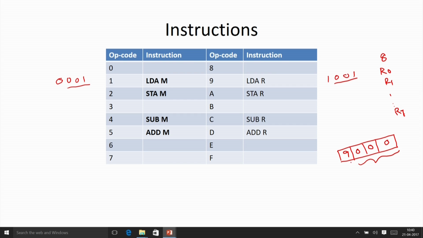If I say 9000, it is going to refer to register R0, and the value of register R0 will be loaded to the accumulator. Similarly, if my opcode is 9001, it says take the value of register R1 and bring it to the accumulator.